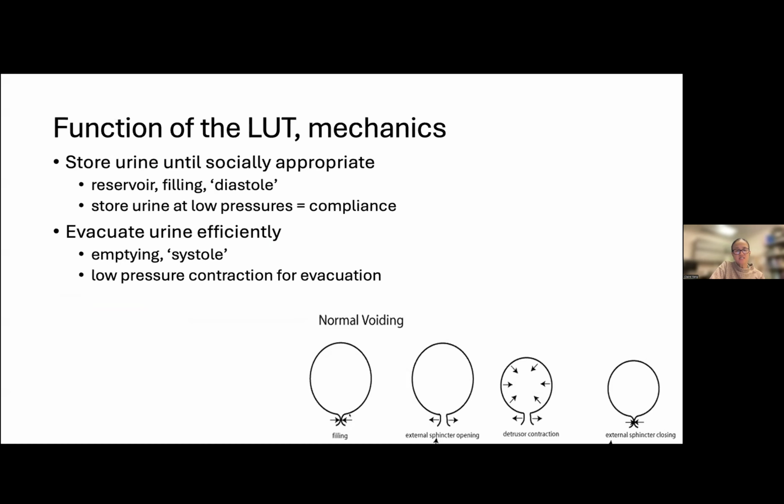Once the bladder is full and it's socially appropriate, the internal and external sphincters open, and the bladder contracts so that it squeezes all the urine out in one fell swoop. Then the sphincters close and the cycle starts all over again. That's the breakdown of healthy lower urinary tract function.